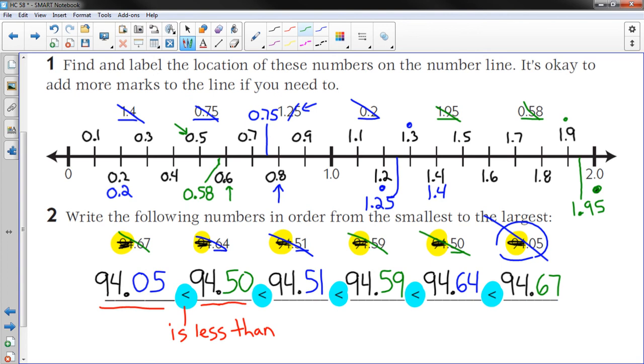Yes, that number is smaller. So I wrote these down in the right order. Sometimes people will misinterpret the less than, greater than symbols and accidentally write them in the opposite direction. So just make a habit of double checking those.